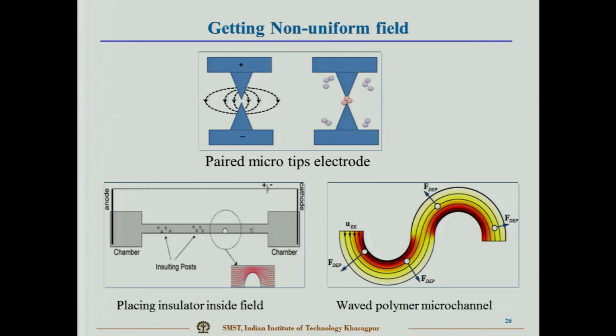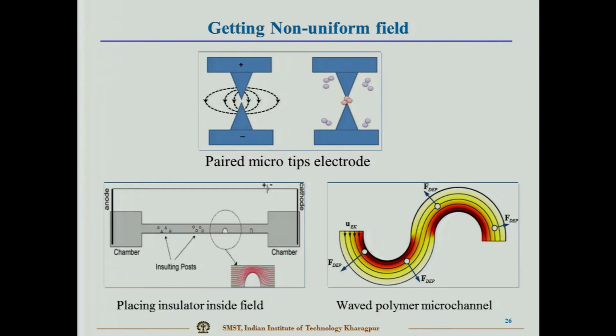Okay. So, this is one way you can get the separation, and this is how it happens in a microfluidic flow. You have a microfluidic flow, you have electrodes, and the cells move through it. You apply the voltage and then some cells will be trapped at this region and other cells will be trapped in this region.